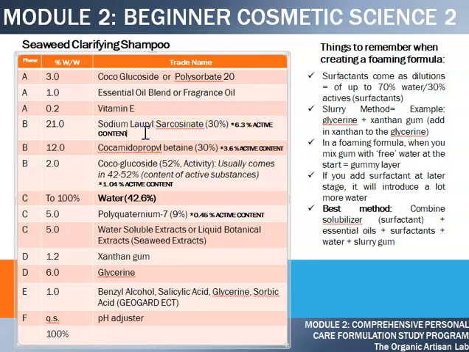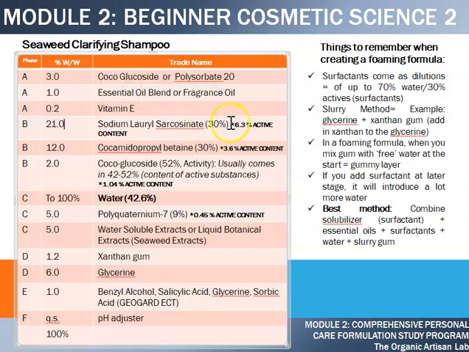This is how you understand how to write a formula and understand how these percentages given to us by our suppliers affect the concentration of the actives in the formula. So not necessarily that the 21% I gave you here would mean that you have 21% of sodium lauryl sarcosinate already.